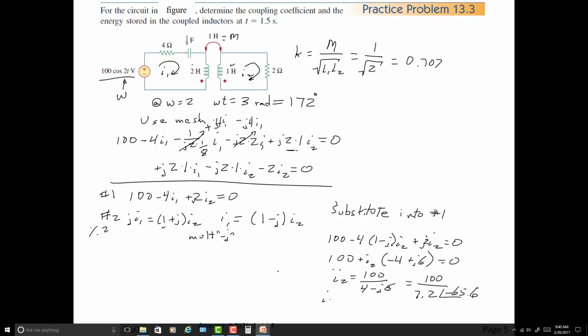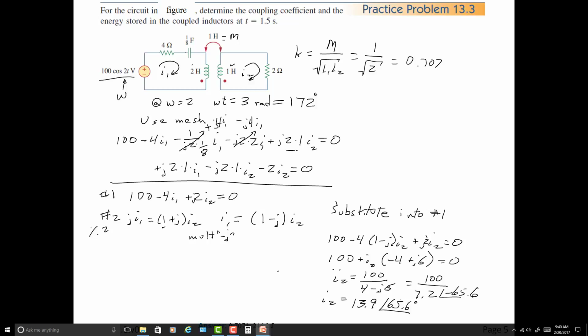Right, so I2 will be some number that we like, 100 divided by 7, so it's a little less than 14, 13.9 at a positive angle of 65.6 degrees.